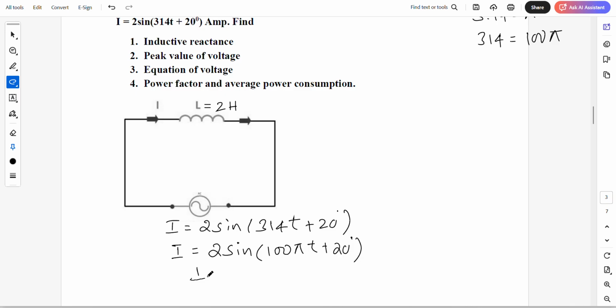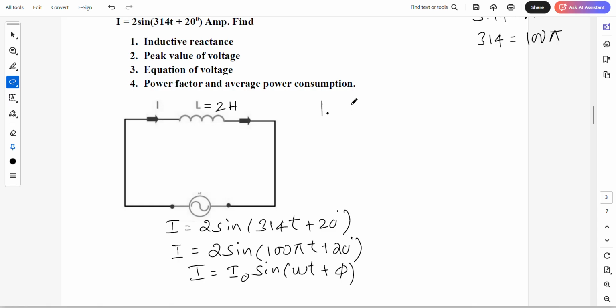So compare this with I is equal to I naught sine of omega t plus phi. Now what you have to calculate? Inductive reactance. You know the formula.